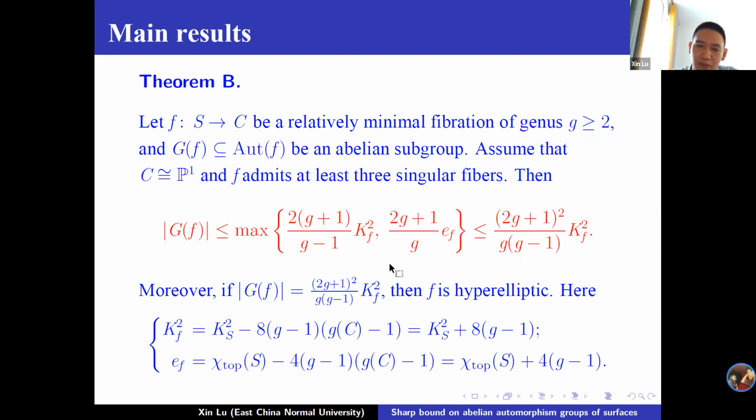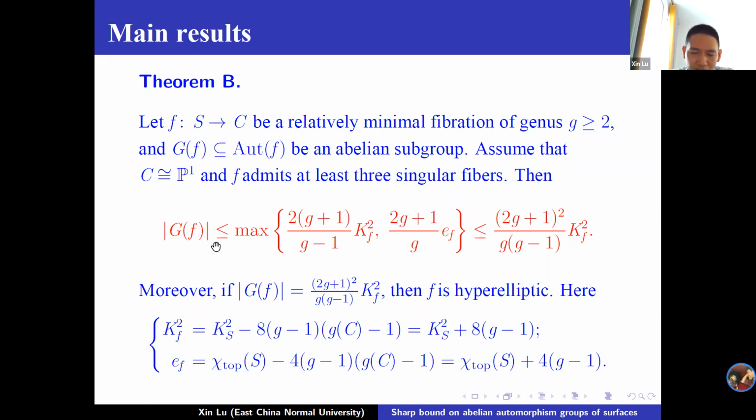Here we should emphasize that in this theorem, we do not require S to be of general type. We just require that F admits at least 3 singular fibers. S is not necessarily of general type.